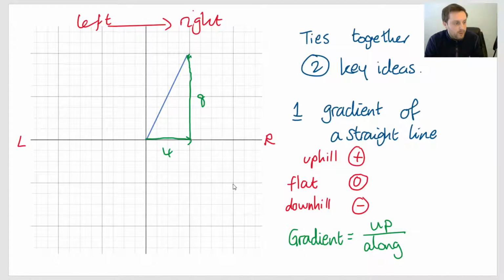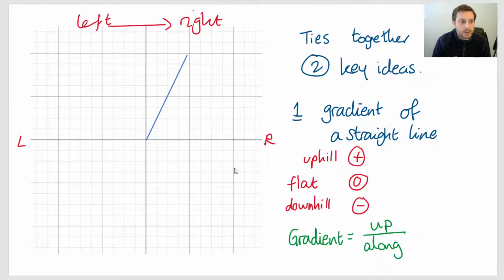And 8 divided by 4 is again 2. So as long as you pick something consistent, go however far along and however far up to get back to the line, you'll be able to work out the gradient, because you take the up number and divide it by the along number. And if it's going downhill, the along is still the same. It's still going from left to right, but the up number will really be a minus because it's going down.